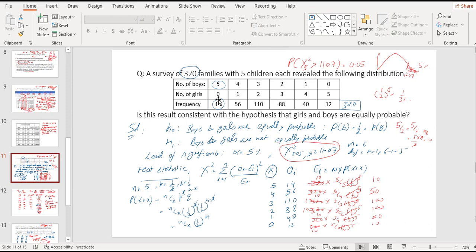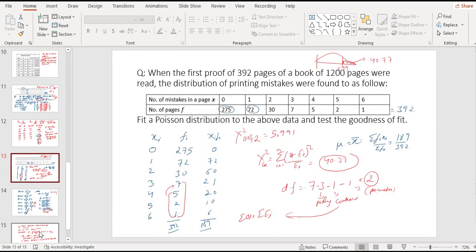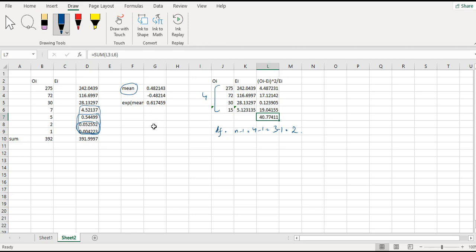And the third case we have considered is if we want to check the goodness of fit of data, whether any distribution is a good fit for the given data or not. Here we also considered the case when any cell frequency is less than 5, then how we can apply pooling. Because the cell frequency is less than 5, we have pooled these 4 cell frequencies.